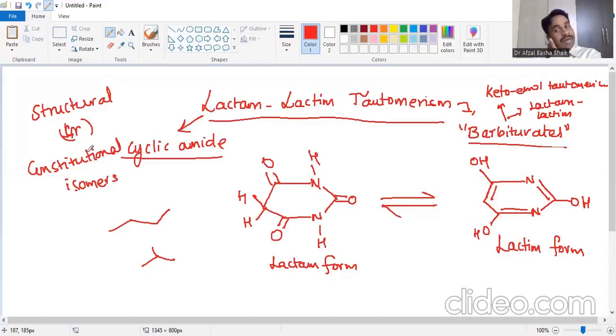Amide will be converted into imidol form, C double bond NOH, where the carbon bears the hydroxyl functionality. Not only that, the amide will be in the form of a cyclic structure known as lactam. The compounds which have the lactam will exhibit lactam-lactim tautomerism. The classical example for this is barbiturates.